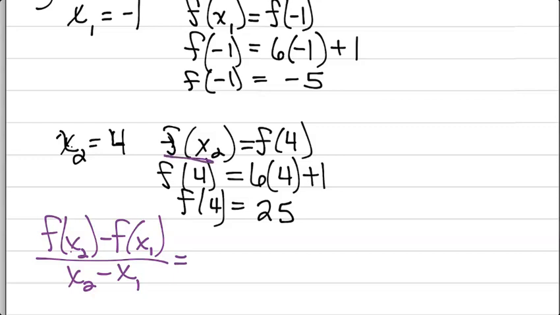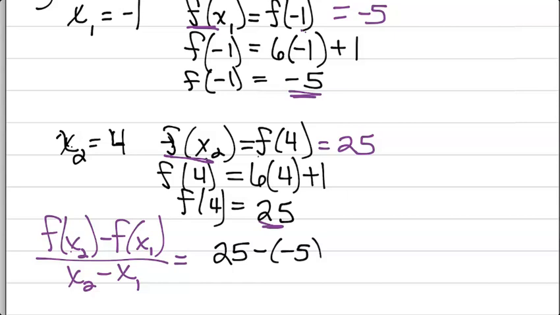The f of x2, we use the f of 4, so we got a 25. And the f of x1, that's where we used the negative 1, and we ended up with the negative 5. So when it says f of x2 minus f of x1, I'm doing 25 minus negative 5. In my denominator, I'm using the x's, x2 minus x1.